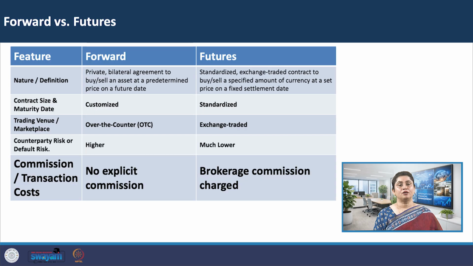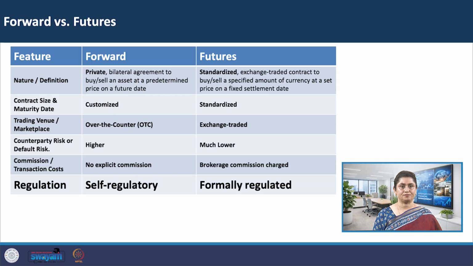Forward contracts do not usually involve an explicit fee or commission. The bank earns through the difference between the buying rate and the selling rate, known as the bid-ask rate. Future contracts may involve brokerage fee, exchange fee, and other transaction cost. In addition, the trader has to maintain margin money.